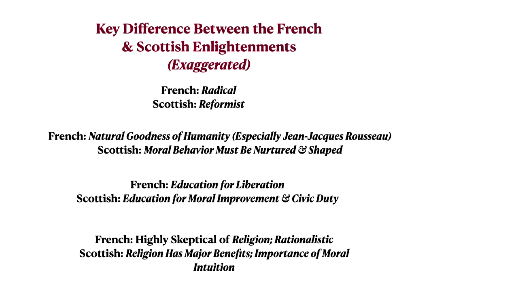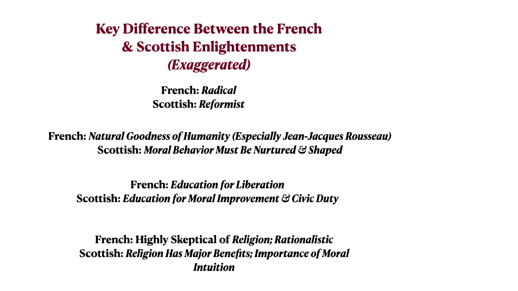Whereas the Scots said moral behavior must be nurtured and shaped. In the French Enlightenment, many of the thinkers stressed the importance of education for the liberation of the individual. In the Scottish Enlightenment, education was more equally important for moral improvement and civic duty.